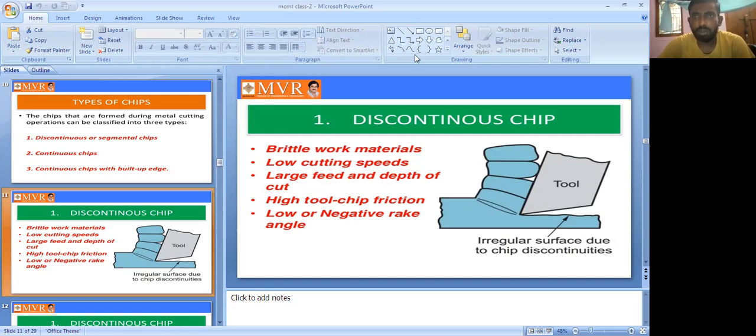So this is the discontinuous chip block diagram. See another point of the discontinuous chip.